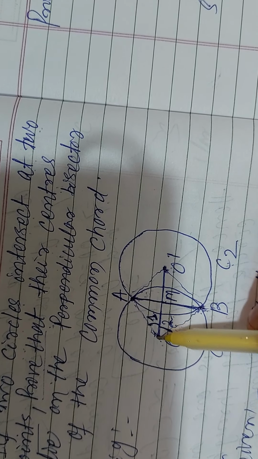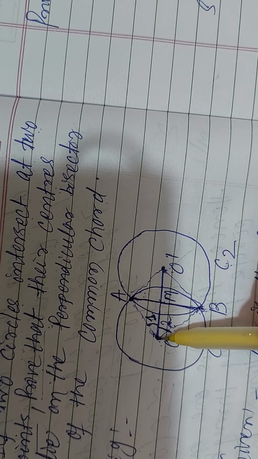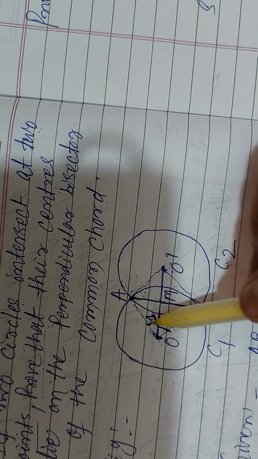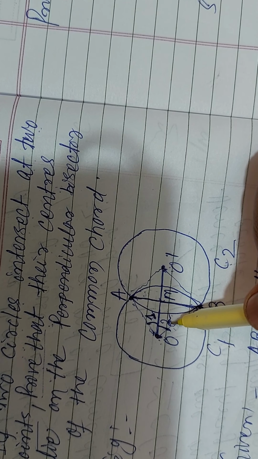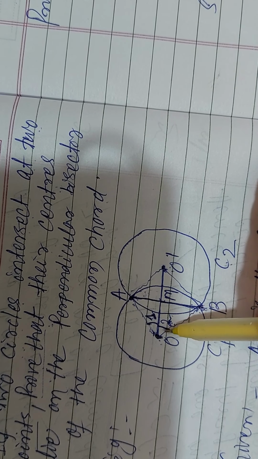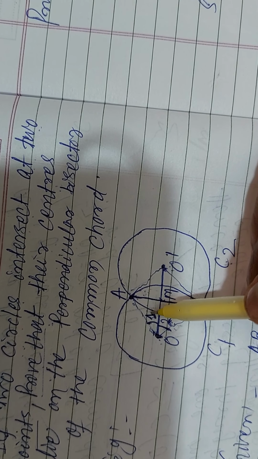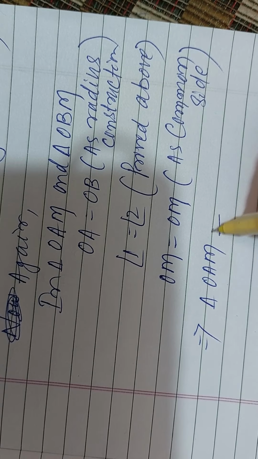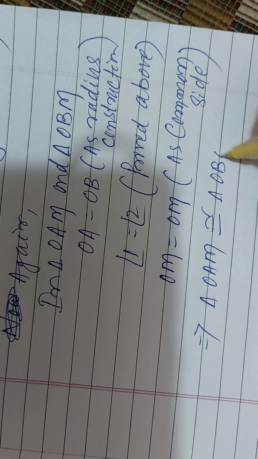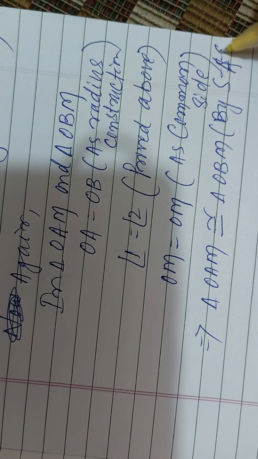So in triangles OAM and OBM, OA equals OB as radius, angle 1 equals angle 2 already proved, and OM is common, so these two triangles are congruent by side angle side congruence rule.